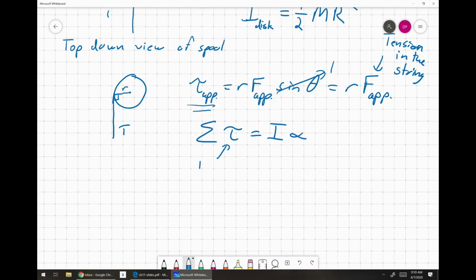So just to define all of these symbols here, that is torque. This is our moment of inertia. And this is our angular acceleration.